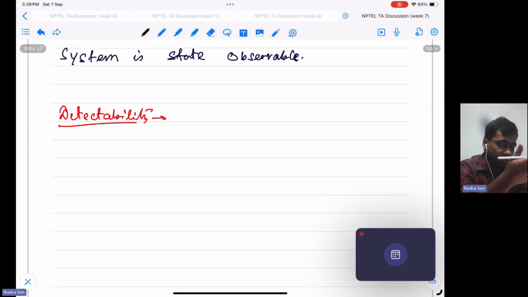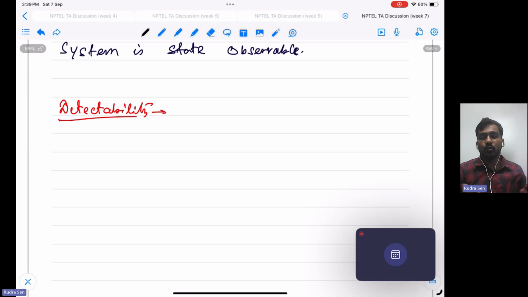It is basically the weaker condition for observability. It says that if the unobservable modes are stable and the unstable modes are observable, then we can say the system is detectable.